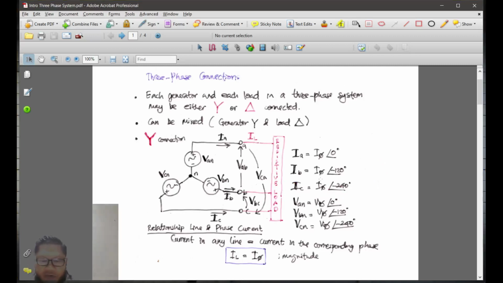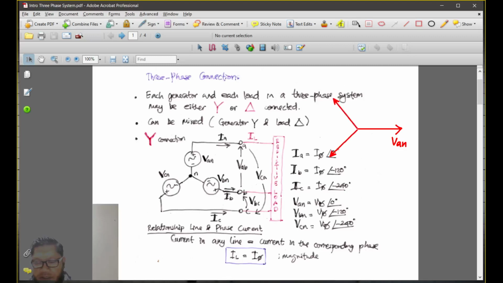So we start with VAN. In the phasor diagram, we draw VAN, then VBN at 120 degrees, and another one will be VCN. Between all these phase voltages there will be 120 degrees.